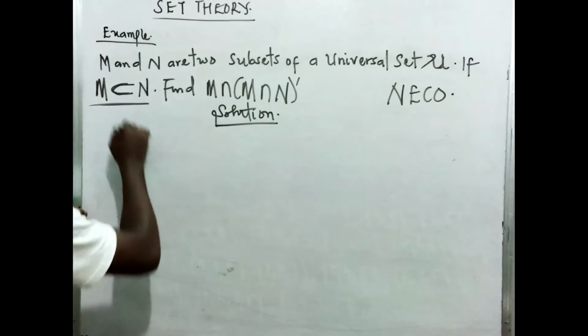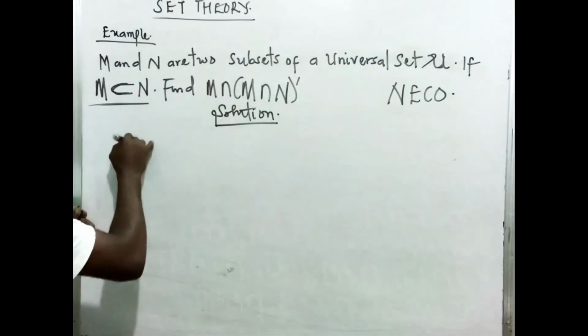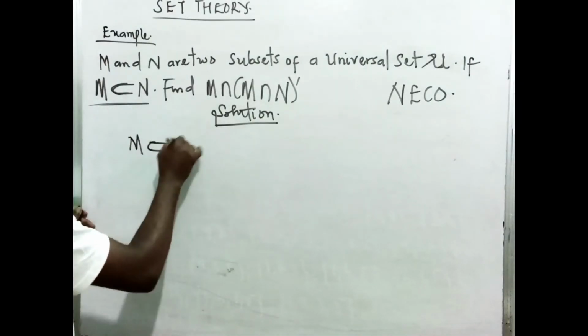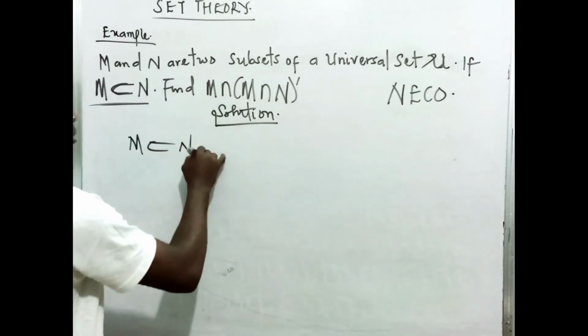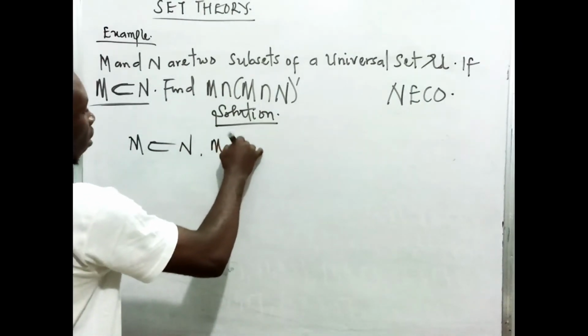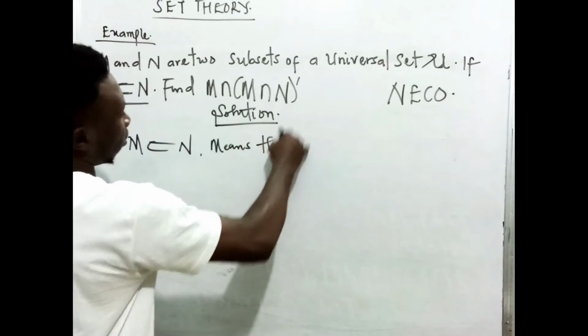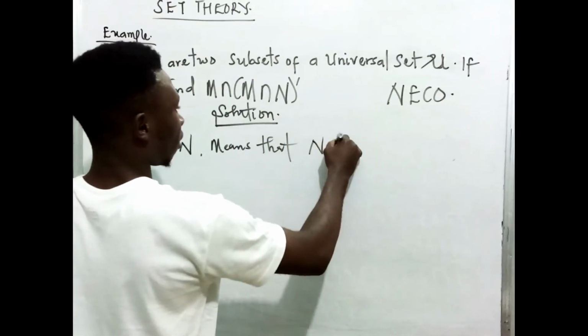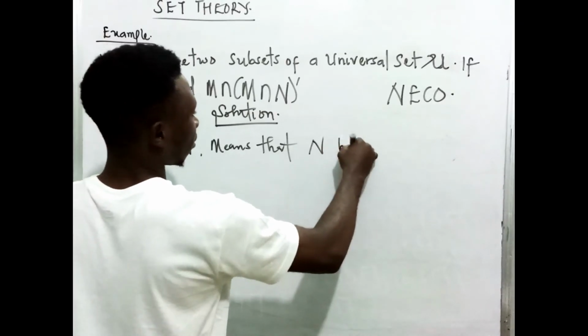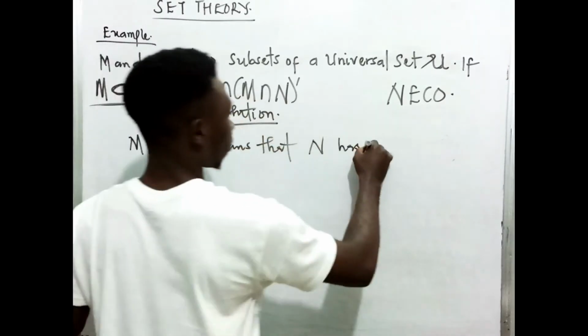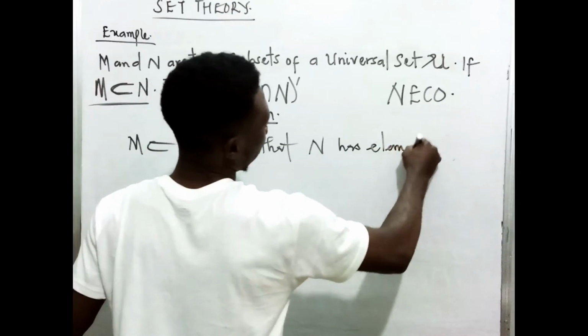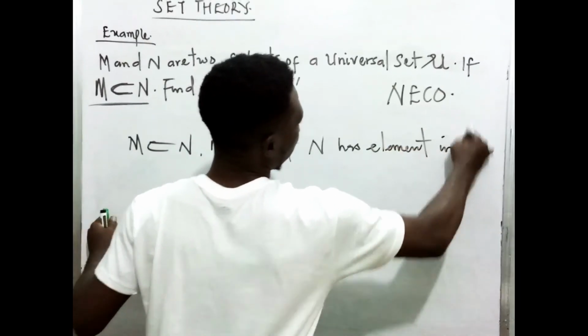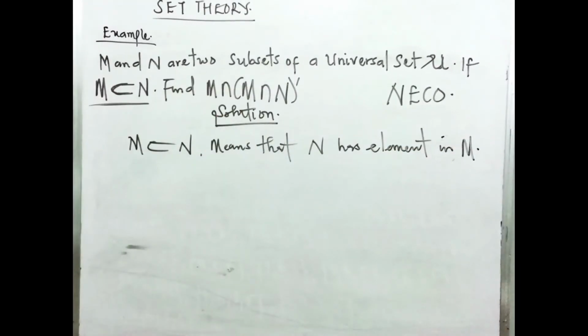Now, this means that M being a subset of N means that N has the elements in M.